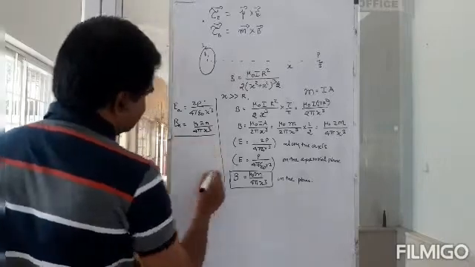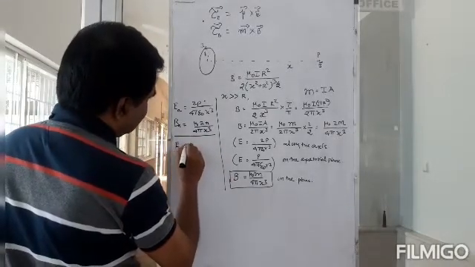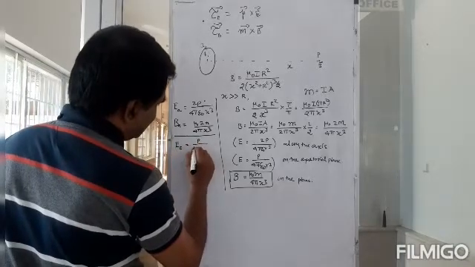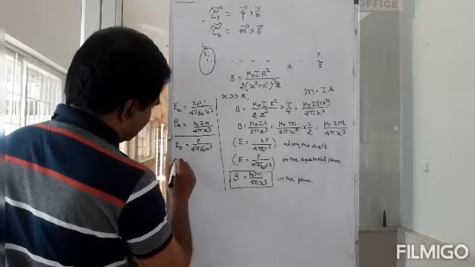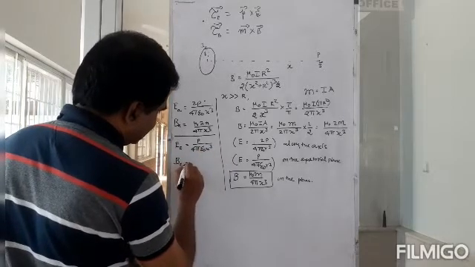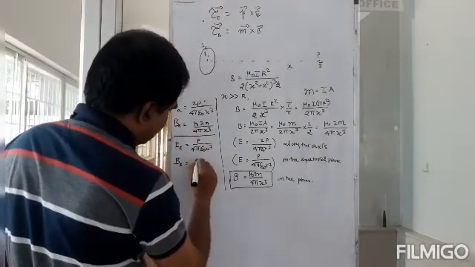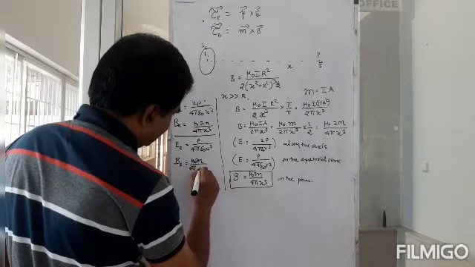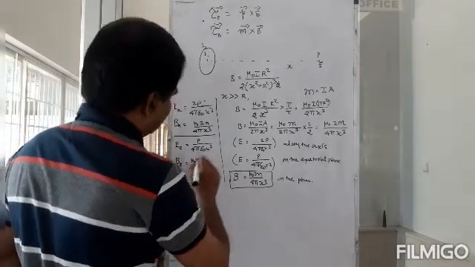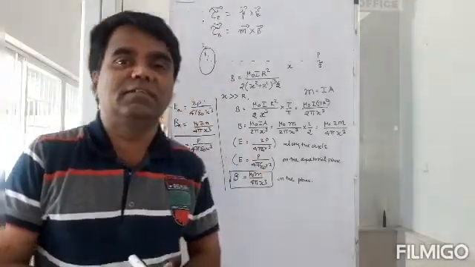Likewise, E along the equatorial plane was p by 4 pi epsilon naught x cube, and B is equal to mu naught m by 4 pi x cube. So you can find the similarity between this and that.